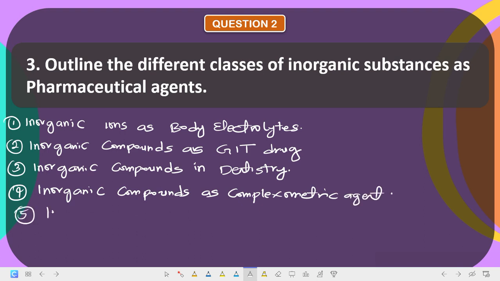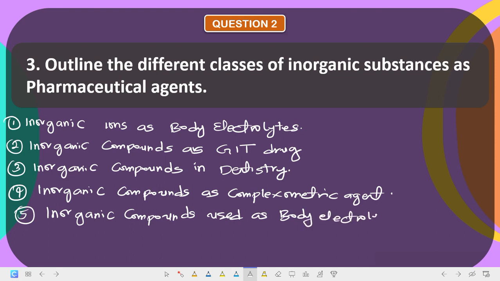Then we have inorganic compounds used as body electrolyte. Then finally, I think we have miscellaneous use.